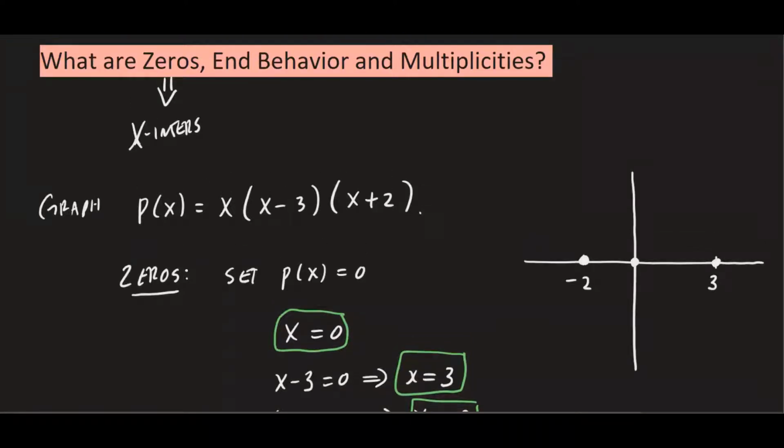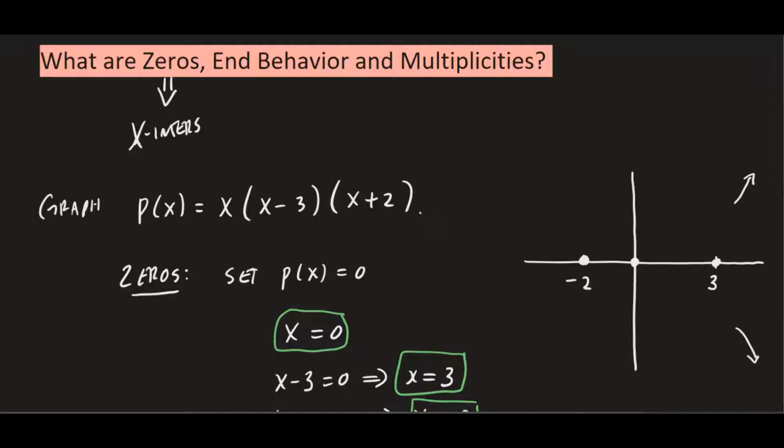Well, end behavior just means what happens at the ends of the graph. Meaning what happens over here after 3 and what happens before negative 2. So you want to determine what happens at the two ends of the graph. So the graph can either go up in this direction or go down.